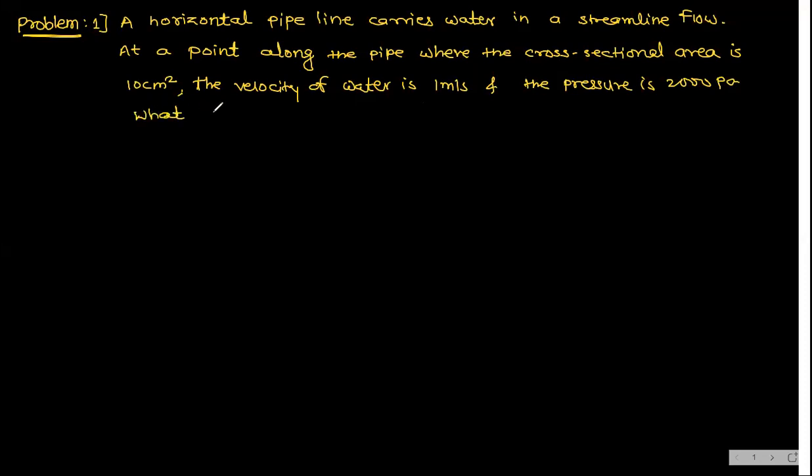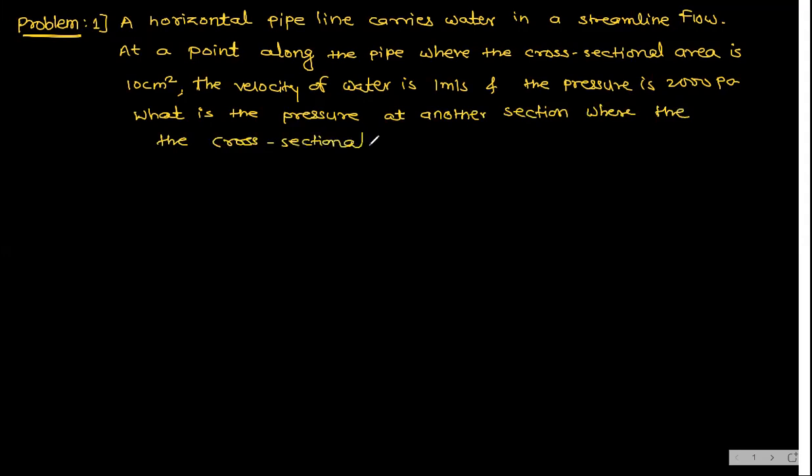What is the pressure at another section where the cross-sectional area is 5 centimeters square.